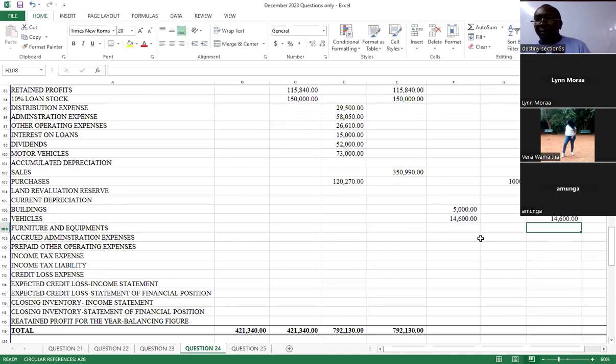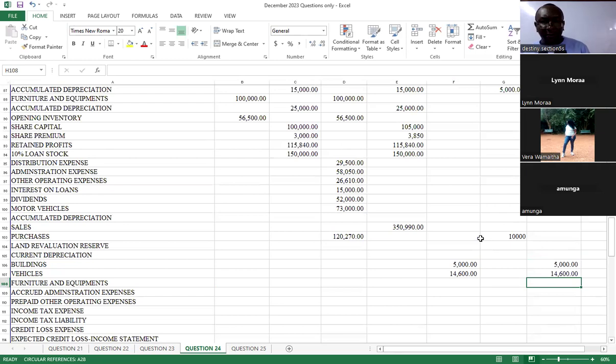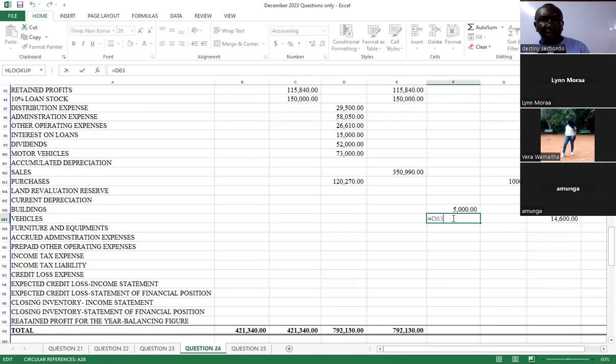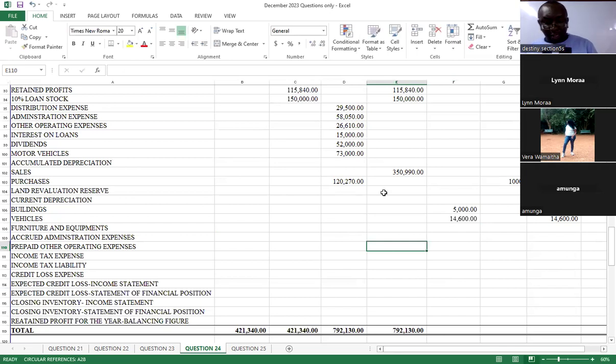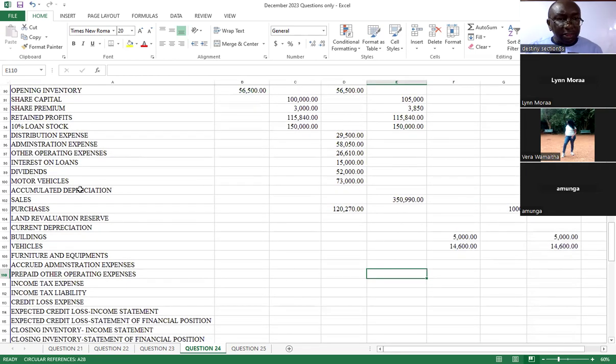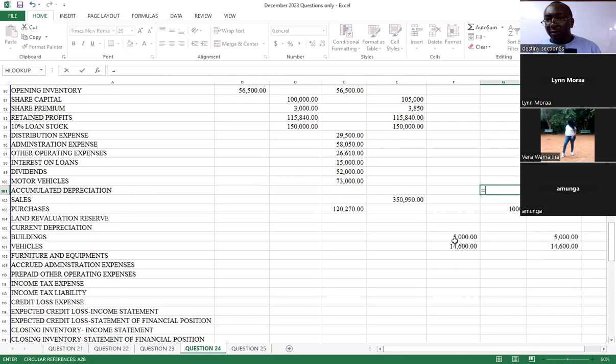Then I go to the motor vehicles, the accumulated depreciation here, and I credit that. Where did we put it? Accumulated depreciation. I'll put it here. Equals this amount.